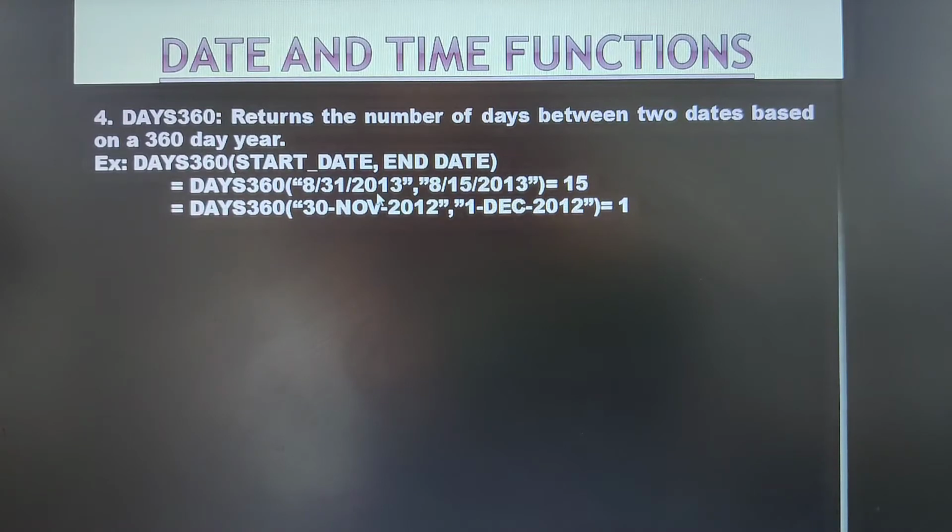When I give this, it gives me the total number of days as 15. Look at this: the start date is the 8th month, 31st day, 2013, and the end date I gave is the 8th month, 15th day, 2013.